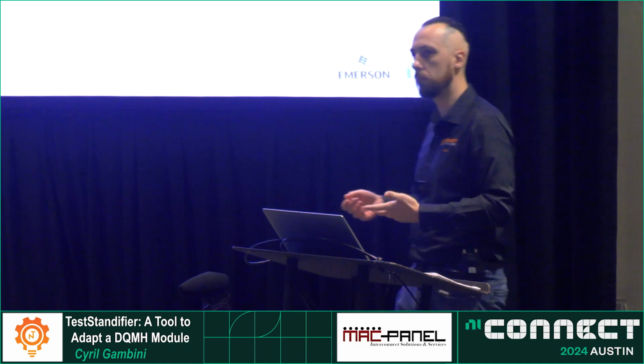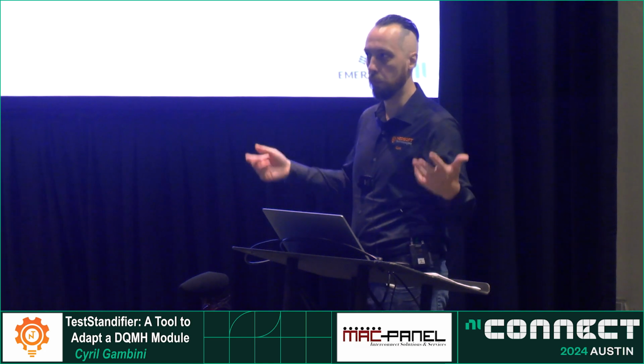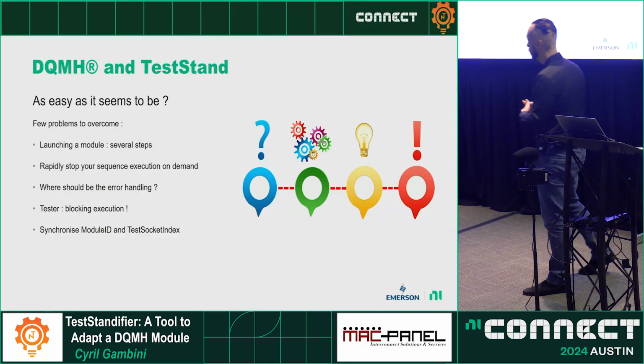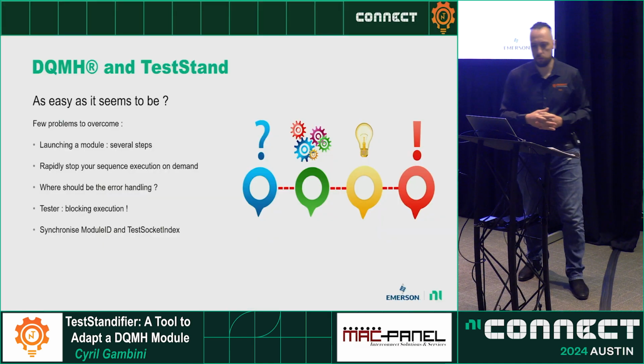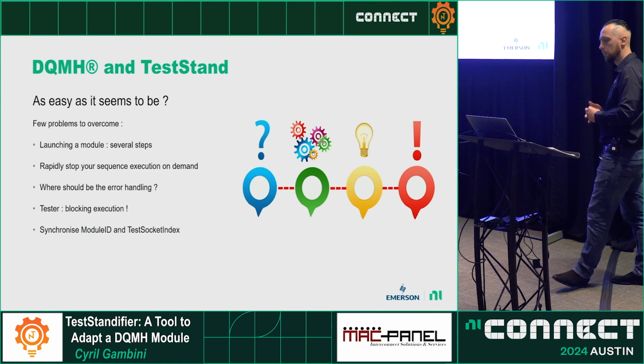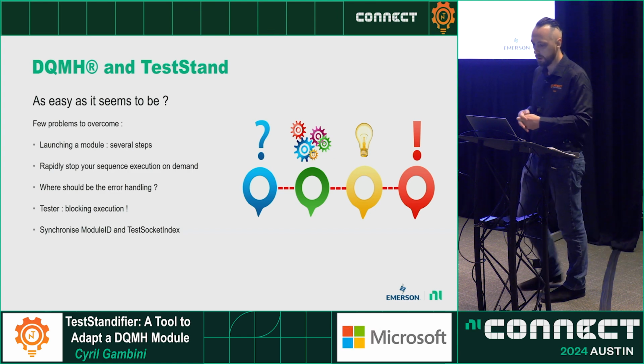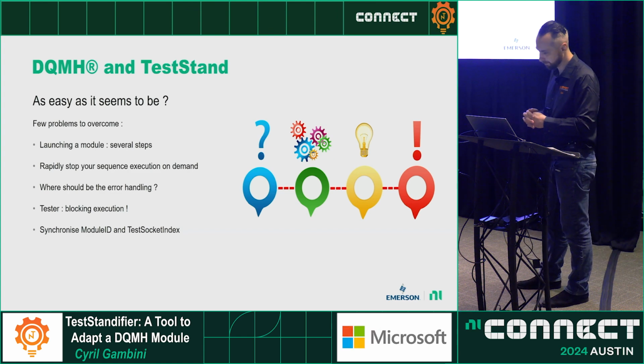But the tester is a while loop. So if you call the tester from TestStand, it will never return until you stop the tester. But if you stop the tester, you lose your window onto your main VI. So the tester is blocking execution. So we'll have to find a way to make it a non-blocking VI.